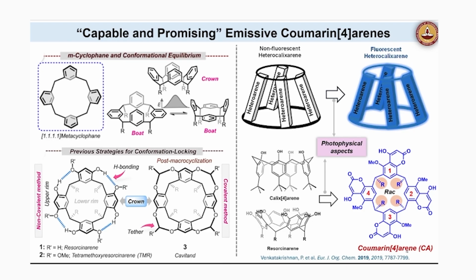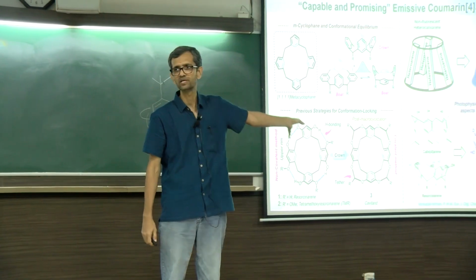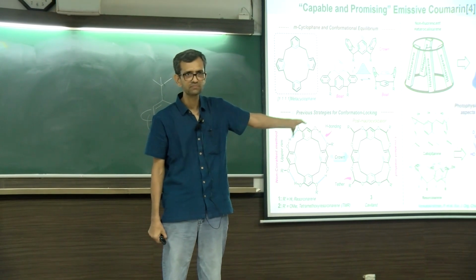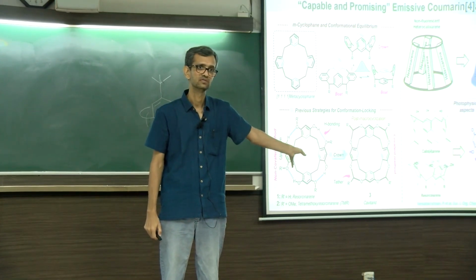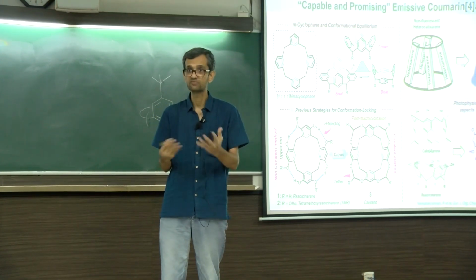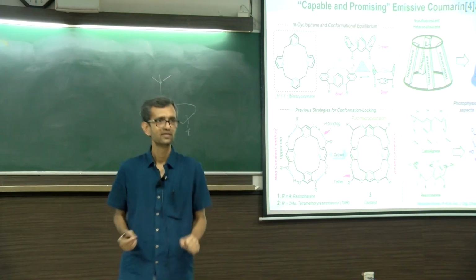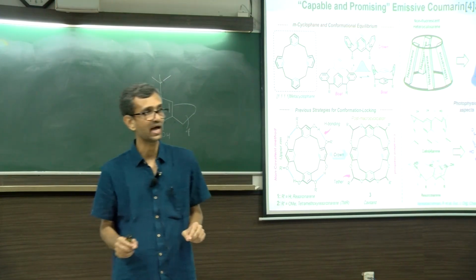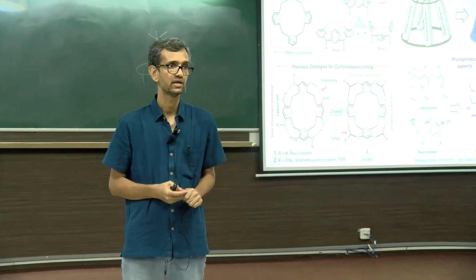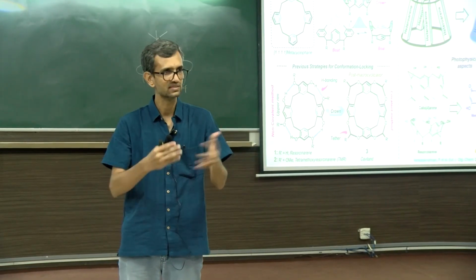So cinnamon has this coumarin unit, and it is very bio-friendly. One of the derivatives of coumarin people use is warfarin. Warfarin is a drug, popularly used as an anticoagulant, a blood thinning agent.